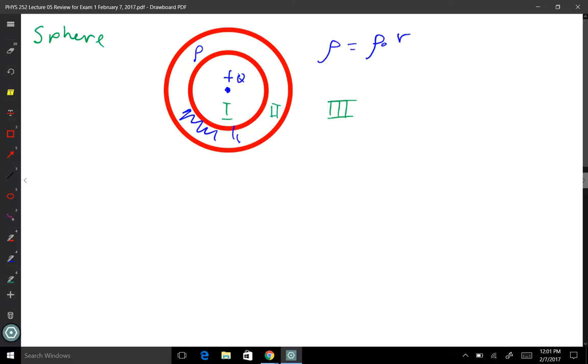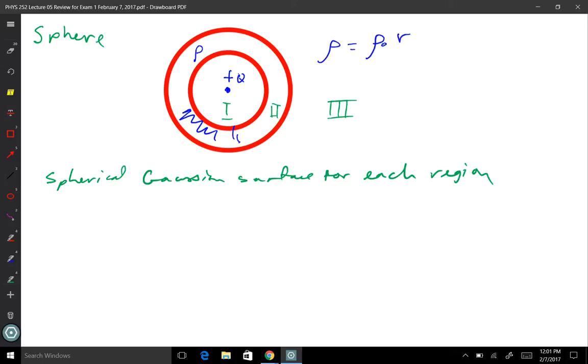So I use a spherical Gaussian surface for each region. So let's do the flux. The flux is based on my symmetry. My symmetry is the same regardless of which region I'm in, right? And so my flux calculation I can just do once.